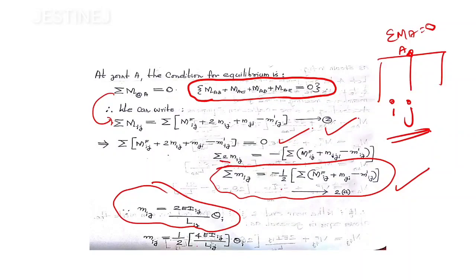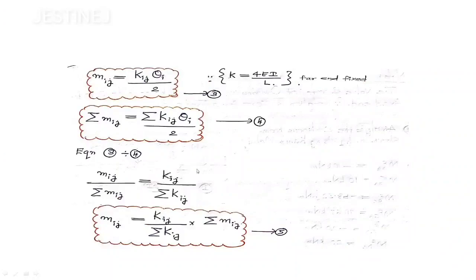If you write this equation in this way, taking 1 by 2 multiplied by 4EI by Lij multiplied by theta, you can note down another relation.